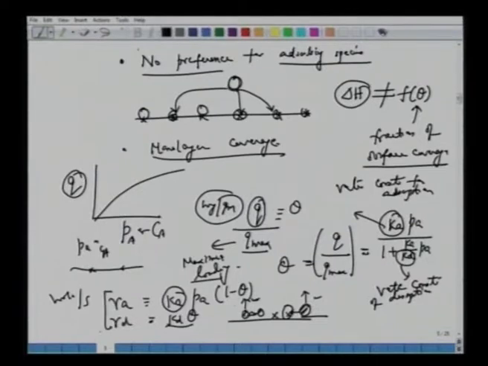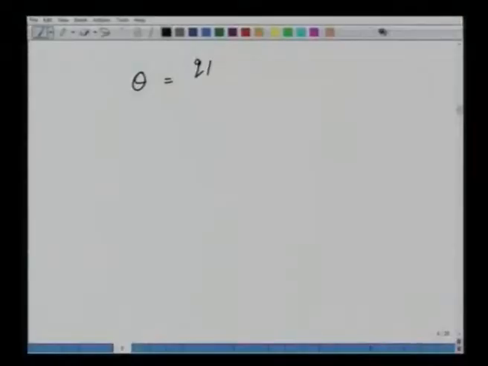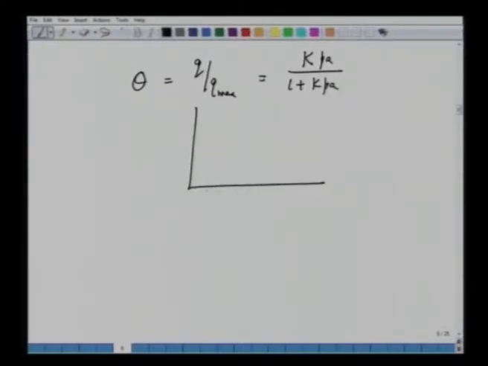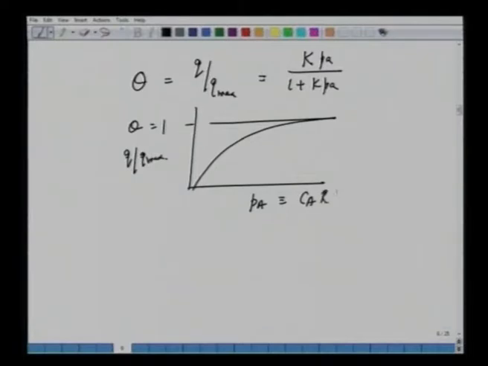So when you equate these two, you will get these expressions, and we have theta given as Q over Q max, and this will be equal to K Pa over 1 plus K Pa. And then we can plot this Langmuir isotherm, theta here will be 1, or we are plotting Q over Q max, and here we have this partial pressure Pa, you can also write as Ca RT.